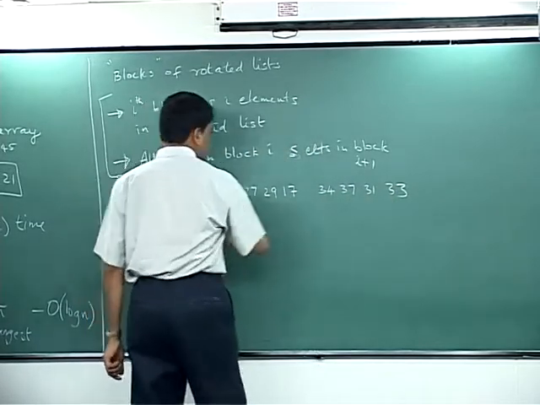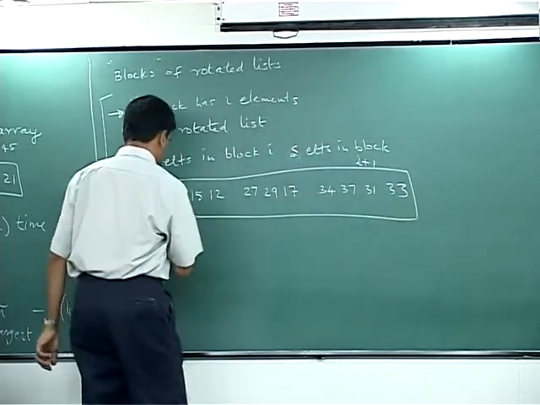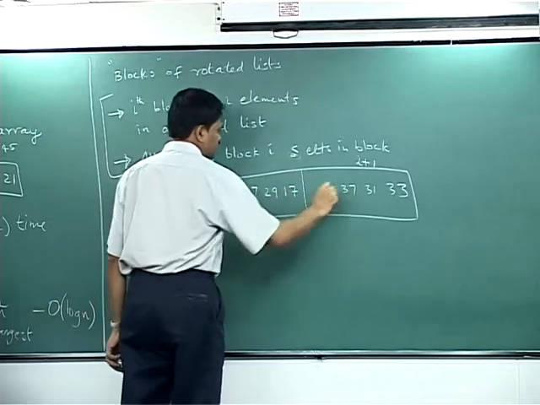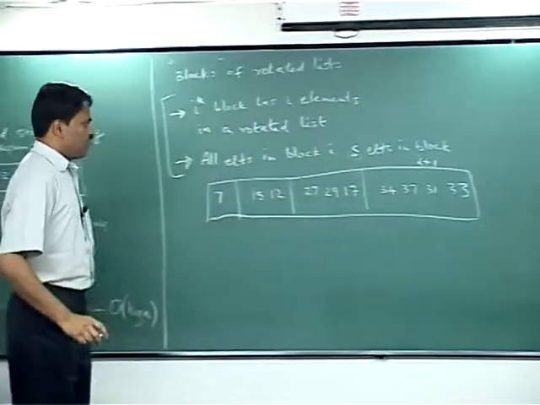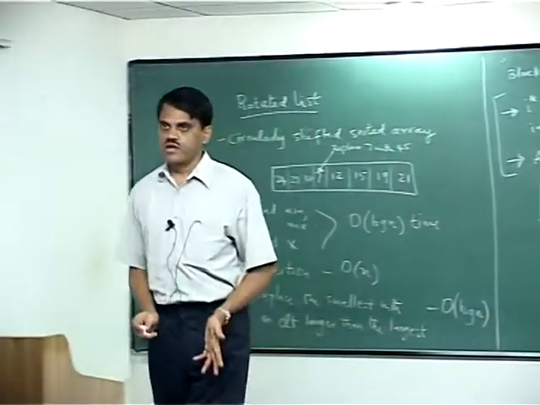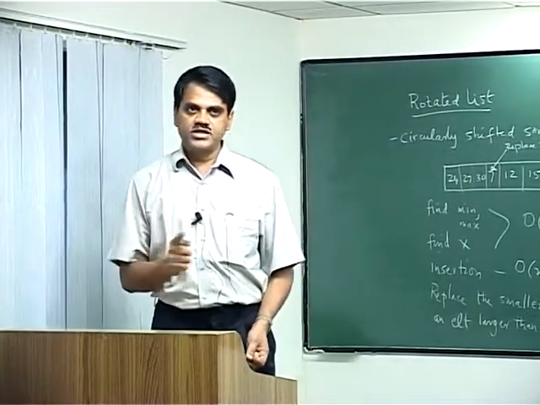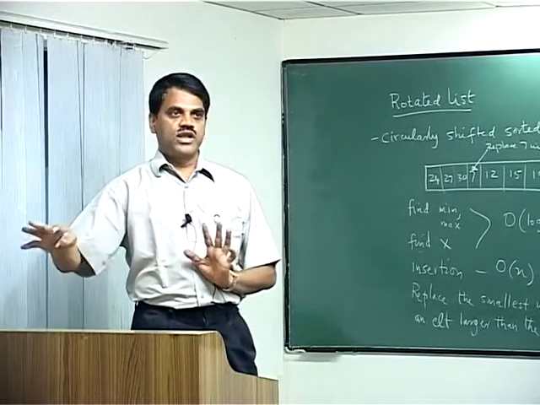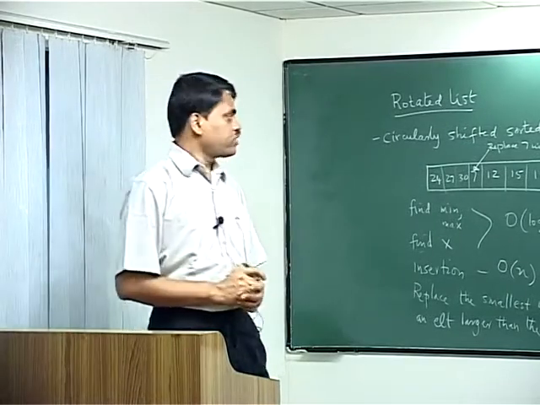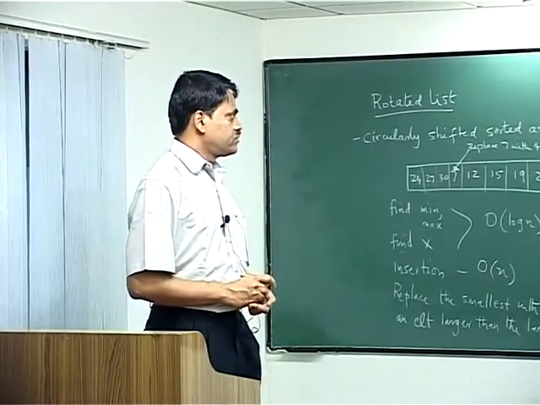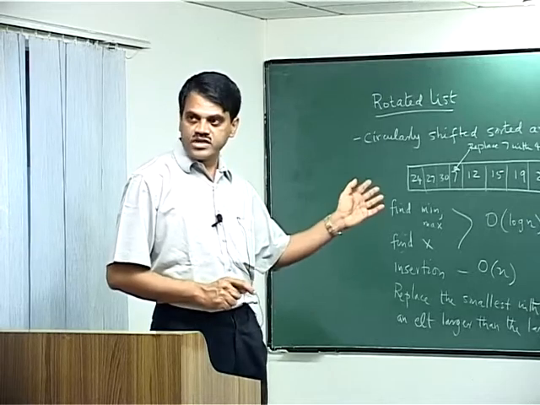So consider this, right? I have the ith block having i elements, each block is a rotated list, and elements at the ith block are less than the elements at the (i plus 1)st block. Does it satisfy that?